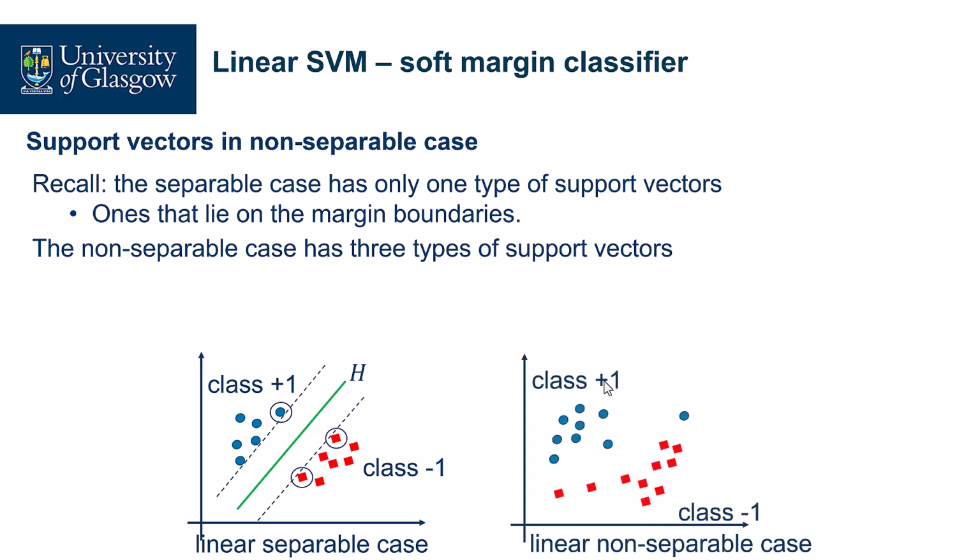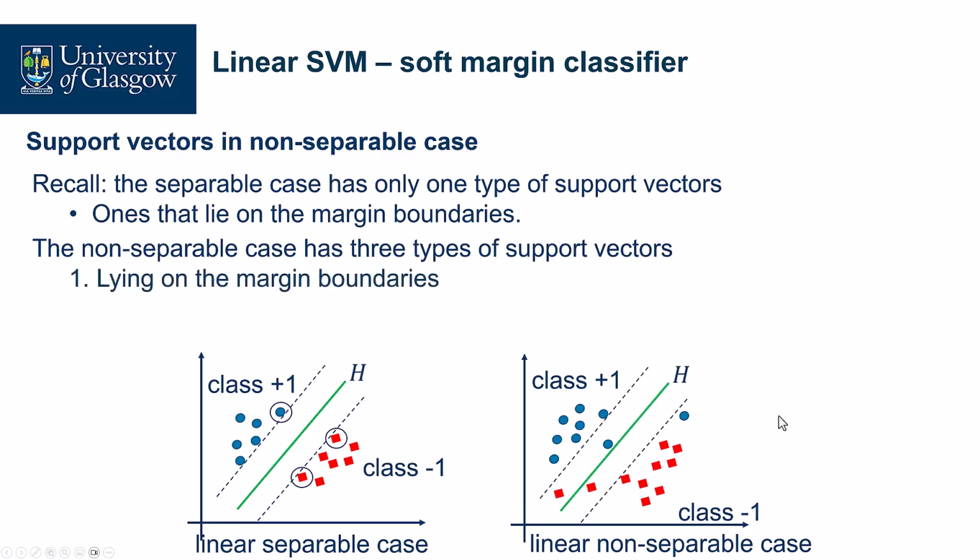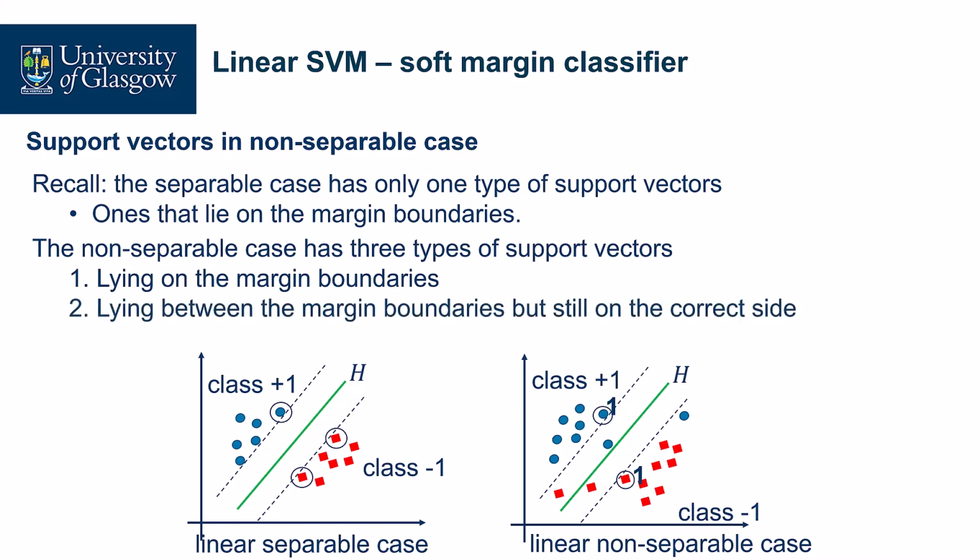For the first type, let's say class positive 1, class minus 1, there's still a hyperplane with two margin boundaries. Type 1 is the same as before, lying on the margin boundaries, the same as the hard margin case. Type 2 looks like this. They lie between the margin boundaries, but they are still on the correct side.